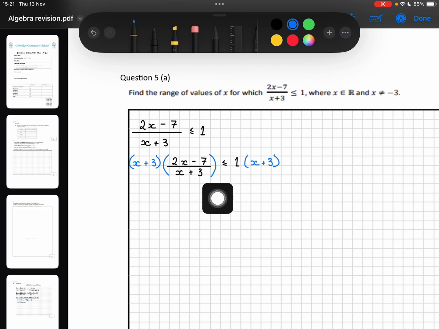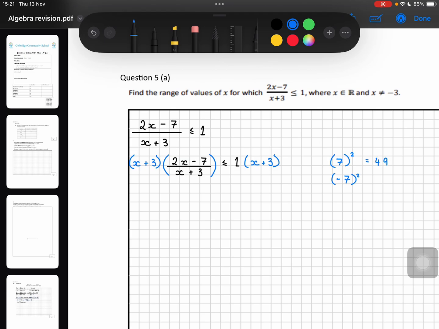So how could I make sure that what I'm multiplying across by is a positive? What can I do to x plus 3 to make it positive? What could I do to something like 7 to make it positive and to something like minus 7 to make it positive? I could square them.